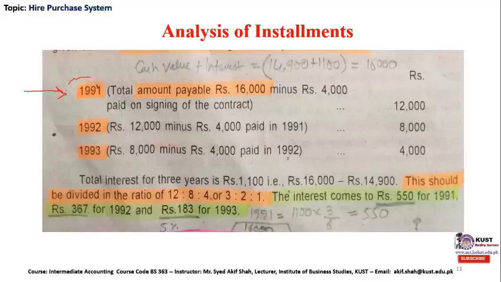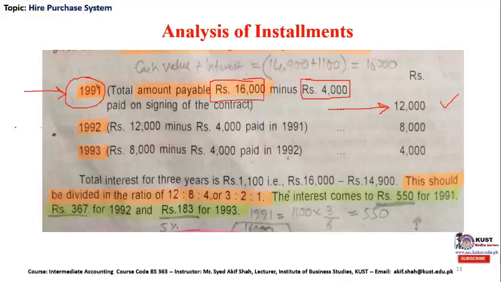Therefore, at the end of 1991, when the interest will accrue and be paid out to the vendor on the outstanding balance, the hire purchase price was 16,000, and since we have already paid rupees 4,000 as down payment on signing of the contract, the remaining outstanding balance at December 31st, 1991 is 12,000.